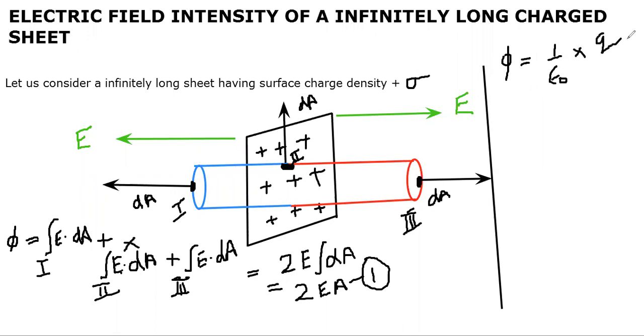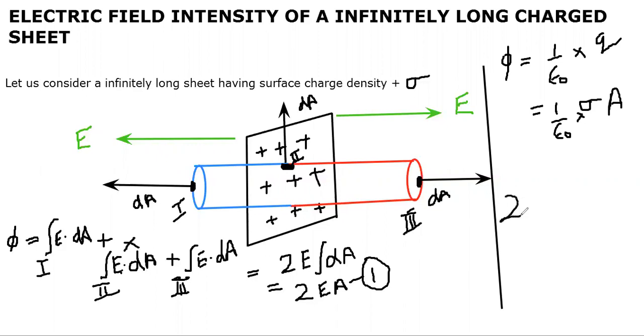Now Q, in case of a 2D figure, if you remember the last video I told you about continuous charge distribution. Sigma was Q by A, so Q is sigma A. So this would give me 1 by epsilon naught into sigma A. Now you just have to compare both the equations.